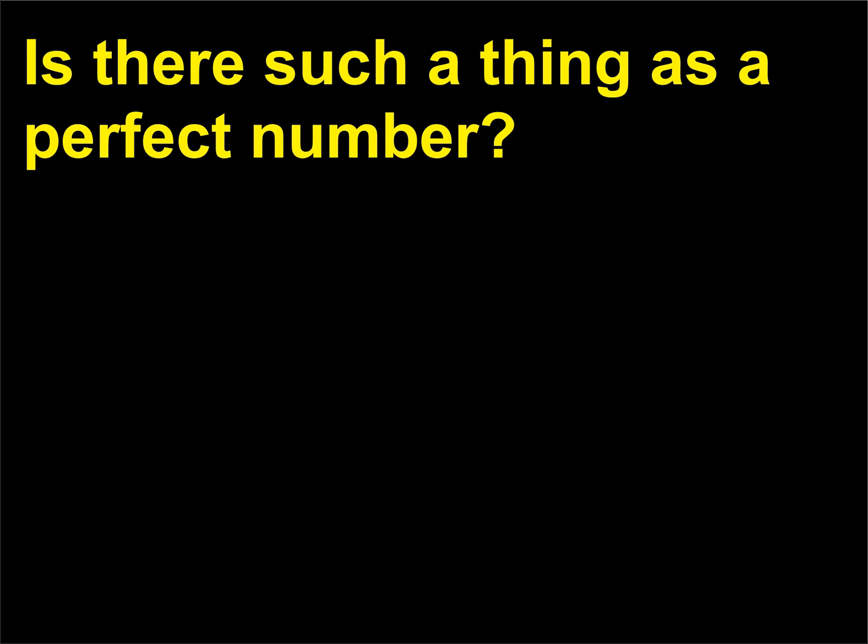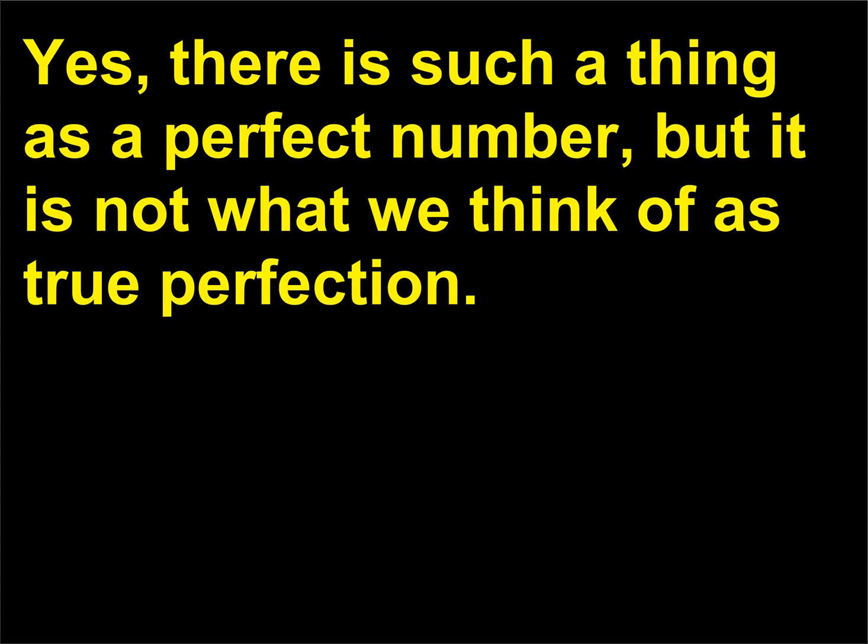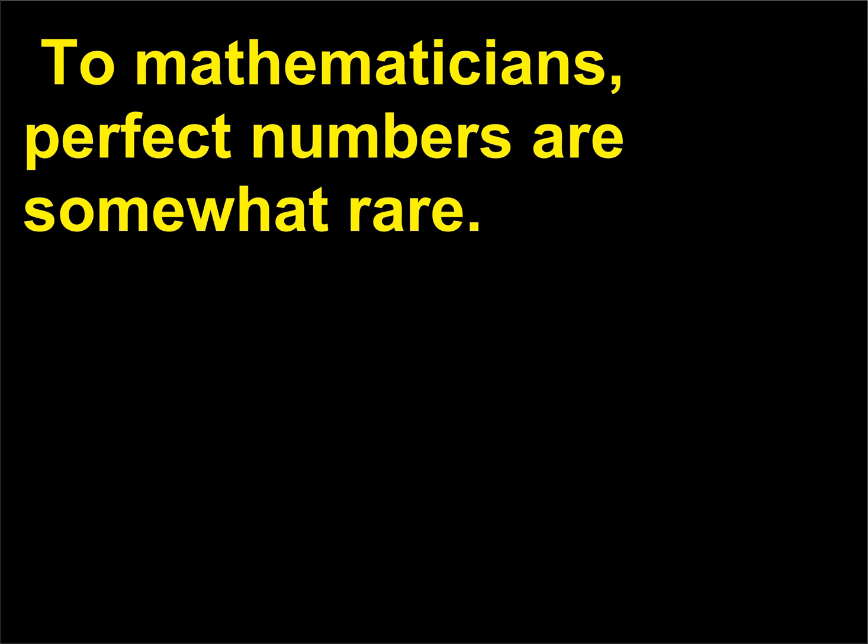Is there such a thing as a perfect number? Yes, there is such a thing as a perfect number, but it is not what we think of as true perfection. To mathematicians, perfect numbers are somewhat rare.